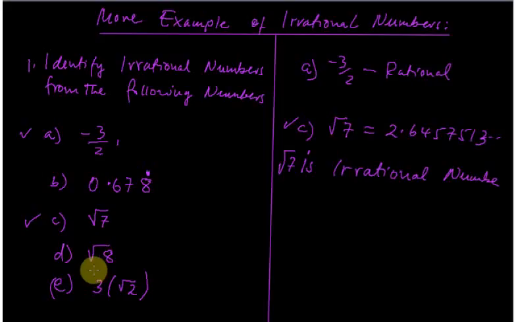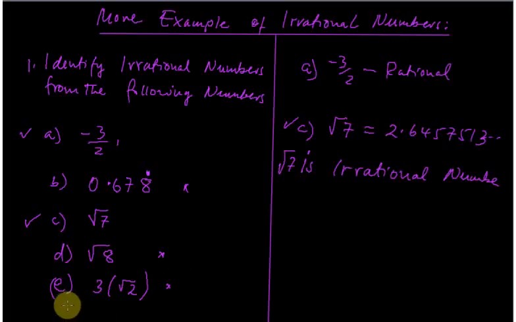Now you can go for D, E and B. I leave these three for you. I did this one, but I didn't do these. You do all of these and see if you can identify the irrational numbers and the other numbers.